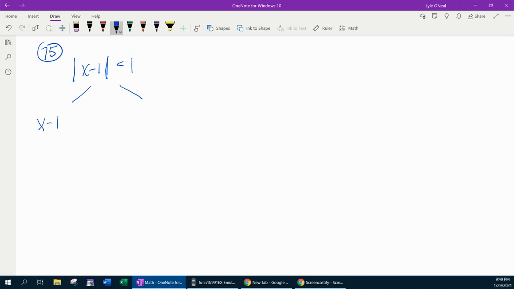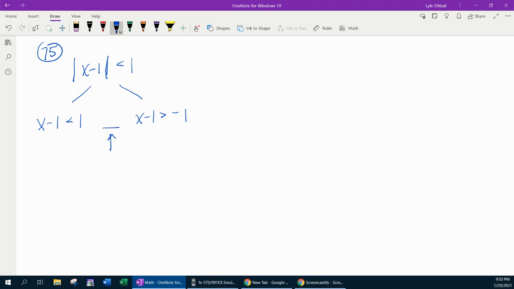We're going to say x minus 1 less than 1. The first time you're going to copy and paste and leave it the same. And then you're going to copy and paste again, change the inequality and the sign. When you copy it a second time, you flip the arrow and the sign, okay? And then we're going to need a word in between.